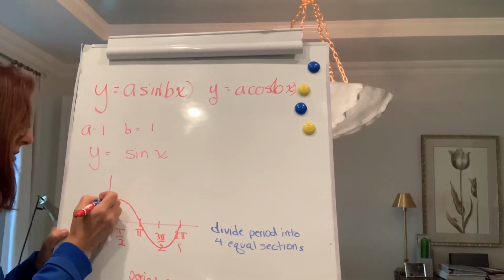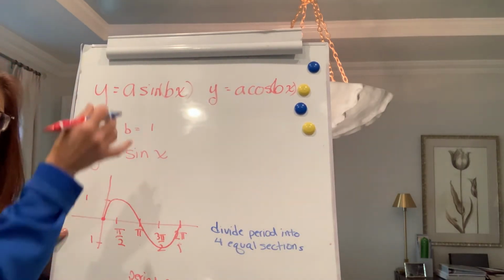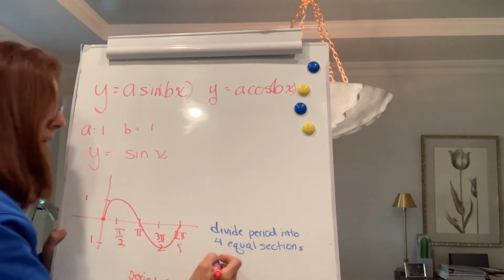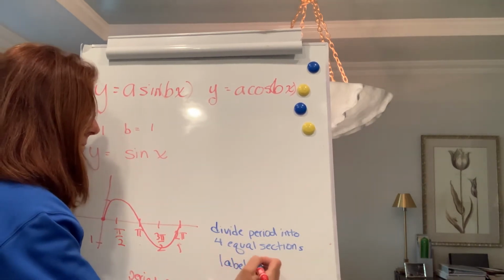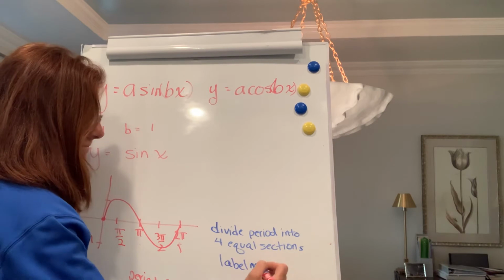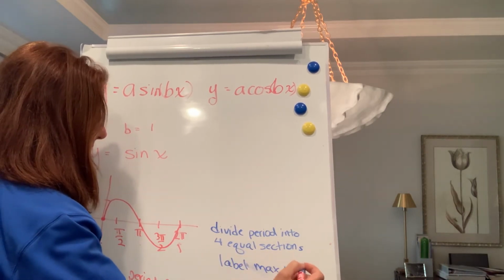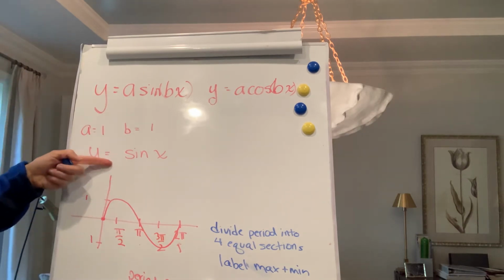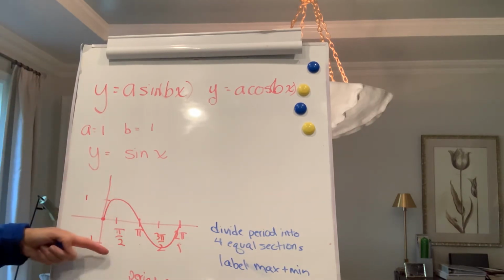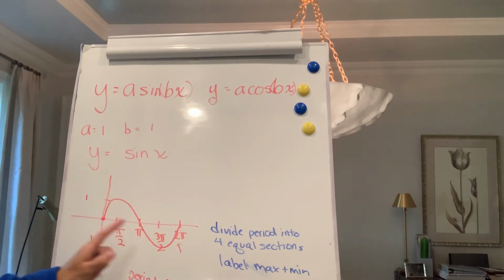And then we're going to label the maximum and minimum value. So in this case, our maximum and minimum were 1 and -1. Our period was 2 pi, because that is what it is for a parent function.